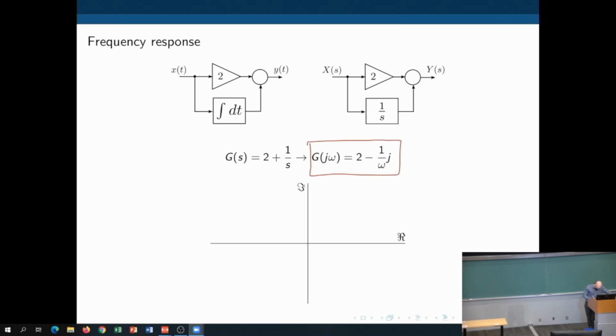The real part is 2, and the imaginary part is negative 1 over omega. And you can put that over here. That's the magnitude and phase of the transfer function. That's now frequency dependent. So here's phi, and here is M.